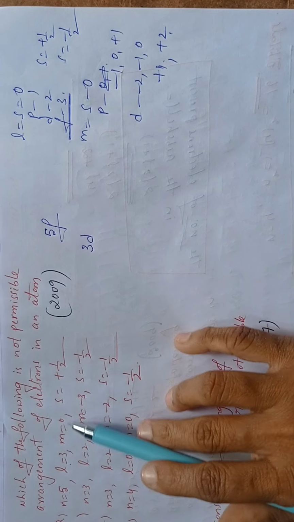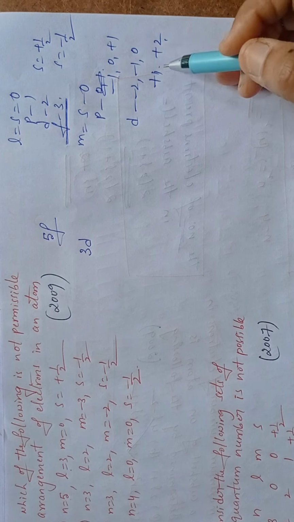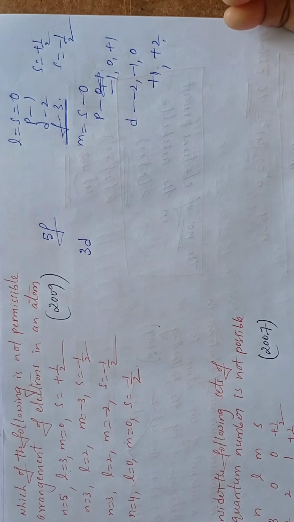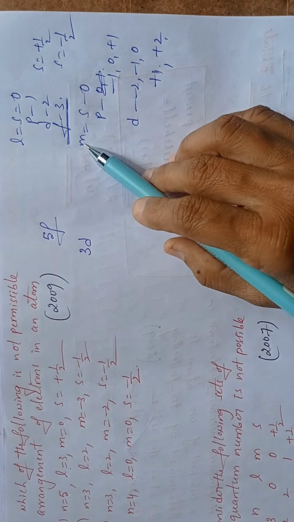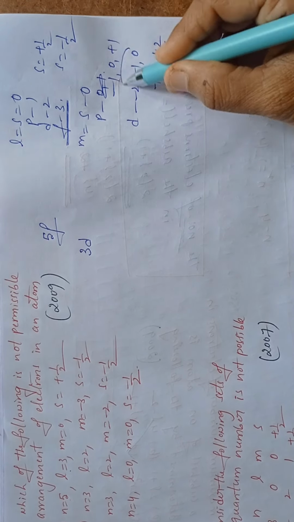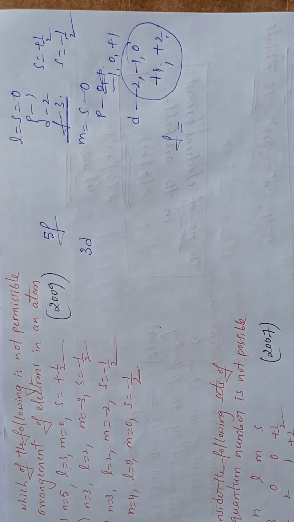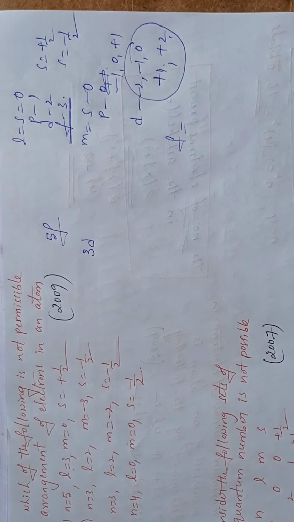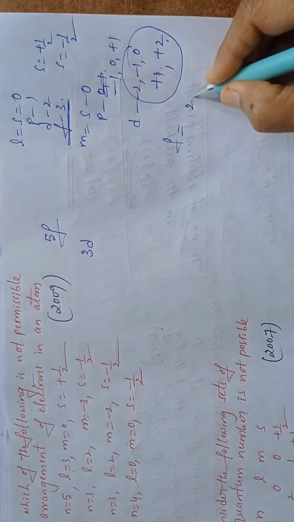Now see, here M equal to 0 given. For F subshell, M value 0 is possible, because for D subshell we got total 5 values. For F subshell how many values will we get, students? Total M values by the 2L plus 1 formula.